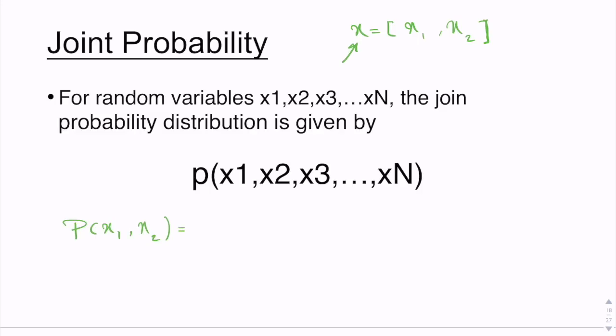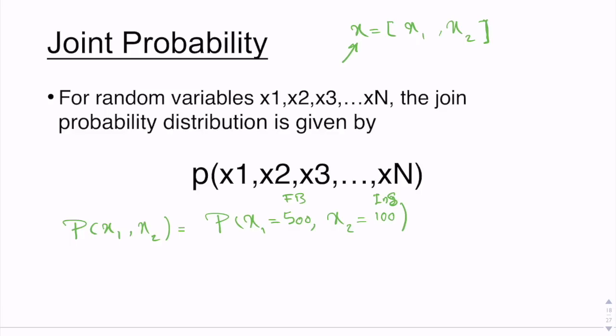That means if I wanted to compute the probability that x1 is equal to, let's say, 500 and x2 is equal to 100, that means the probability that this student drawn from the sample of Stony Brook students checked Facebook 500 times and checked Instagram 100 times.